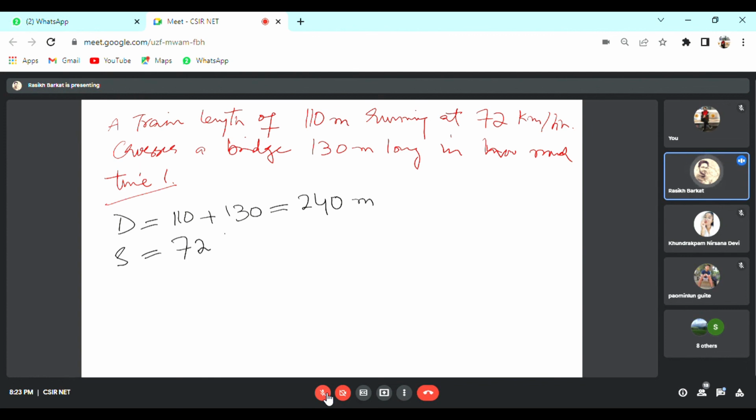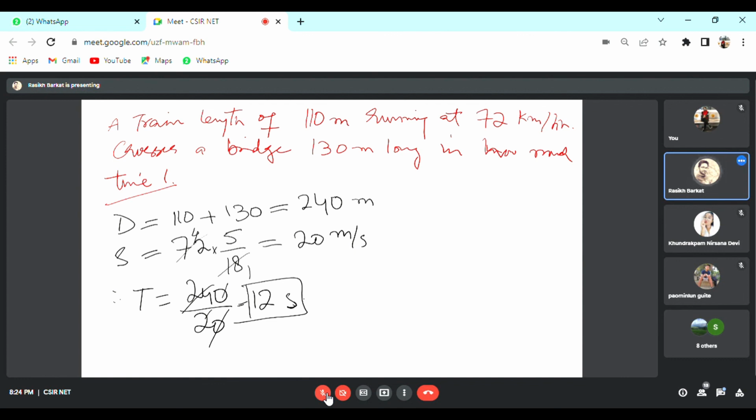In order to convert it into meter per second, we multiply it by 5 by 18. 18 into 4 is 72, and 5 into 4 is 20 meter per second. Therefore, time will be 240 divided by 20, which is 12 seconds. Always write the unit. Is this clear to everyone?